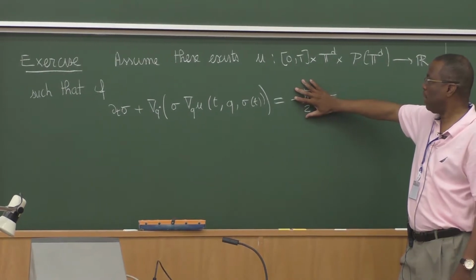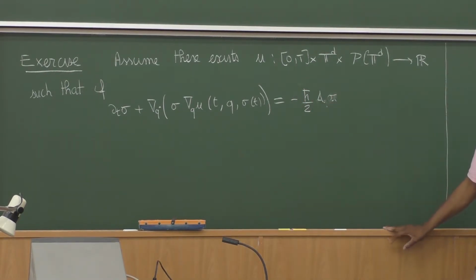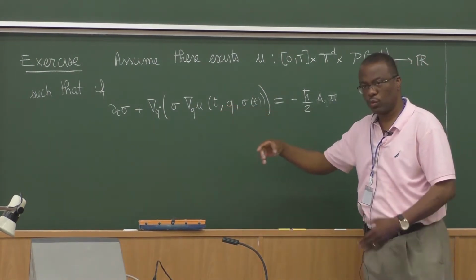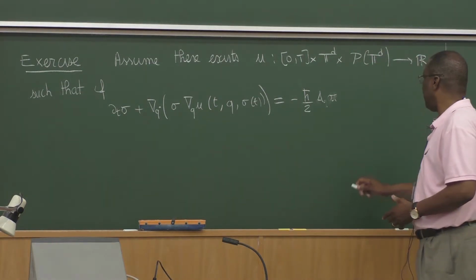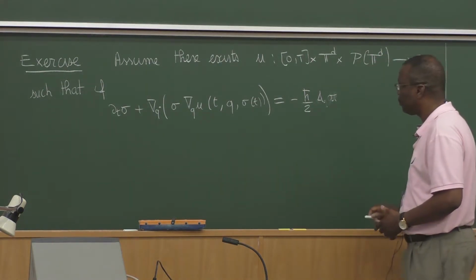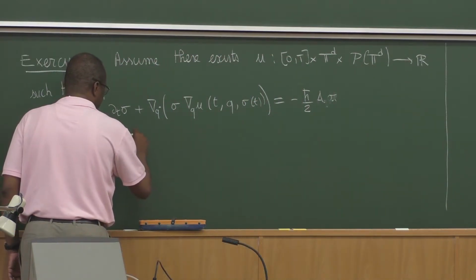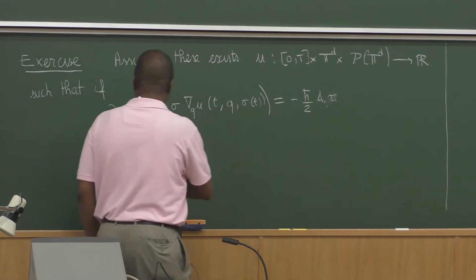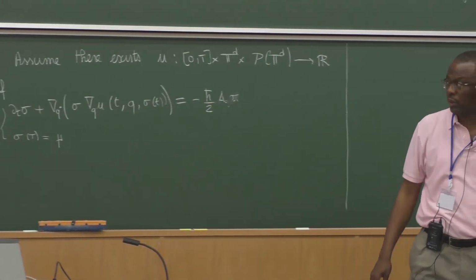Now, the argument becomes a little bit subtle, but you can do it if this term appears. So if you give me a u which satisfies some smoothness condition, anytime you give me a mu, I can find a unique sigma which is the solution to this equation.